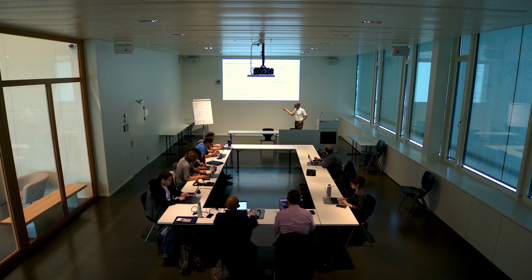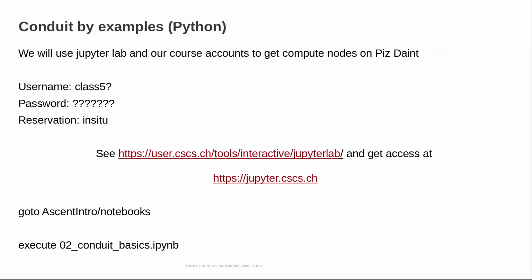All right, so to do the exercise with Conduit, with Jupyter, you need to point your browser to this particular website, https://jupyter.cscs.ch. Use your credentials, your class username and your password, and I will demonstrate that to you as we speak.